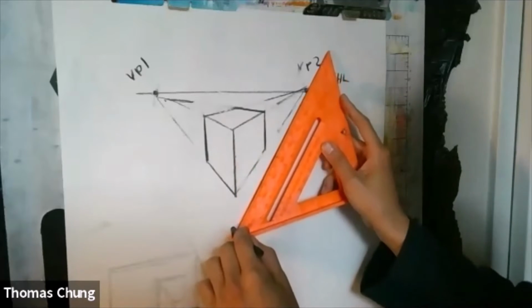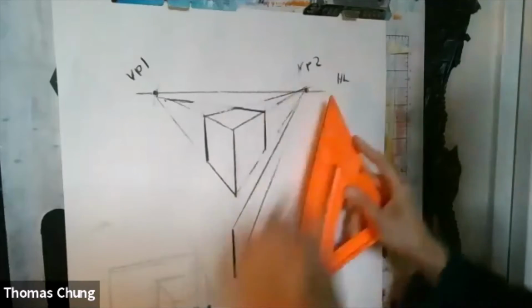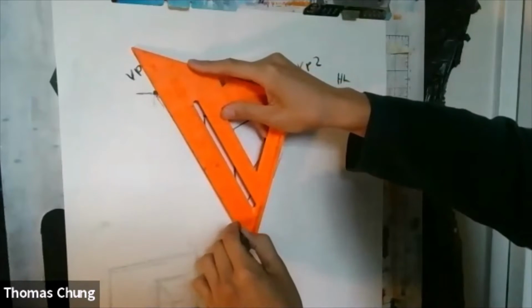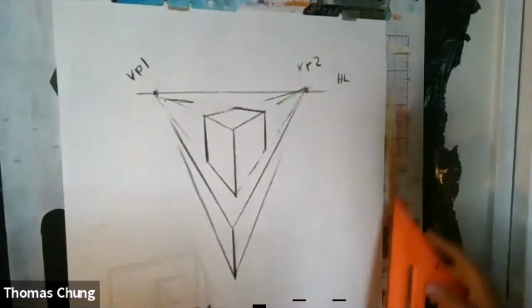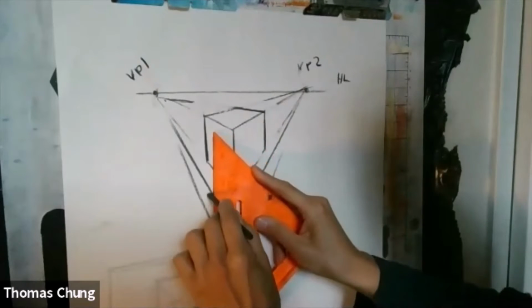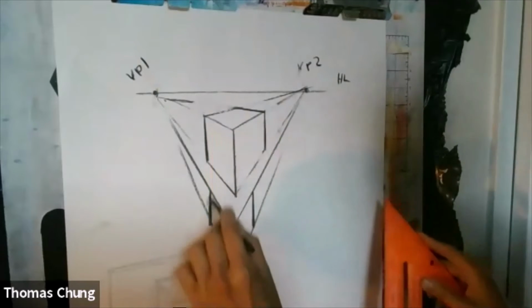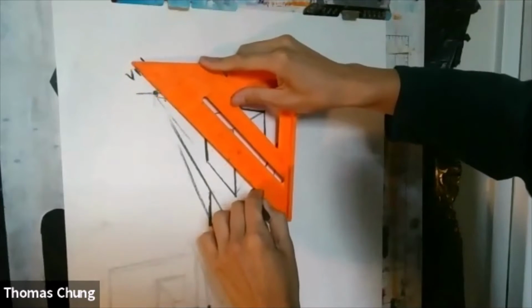So I've got the edge of my box. I'm going to bring the top and the bottom to the vanishing points. Vanishing point 1 and vanishing point 2. I'm going to arbitrarily end my box here with a perfect vertical and here with perfect vertical. And then where those lines meet, they're going to connect to the opposite vanishing point.